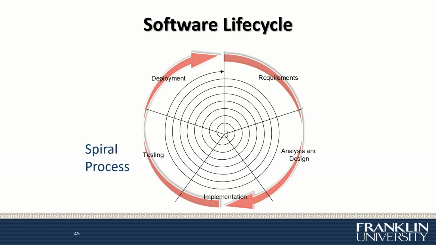In the spiral process, we still have the 5 steps: requirement, analysis and design, implementation, testing, and maintenance. But instead of doing each step one by one, we are doing more of an iterative approach.